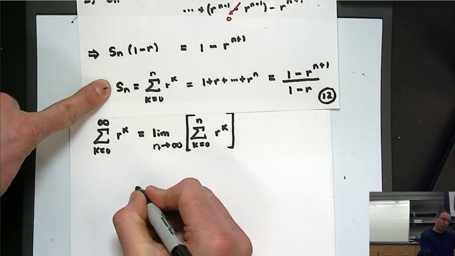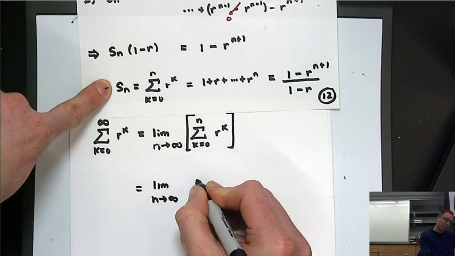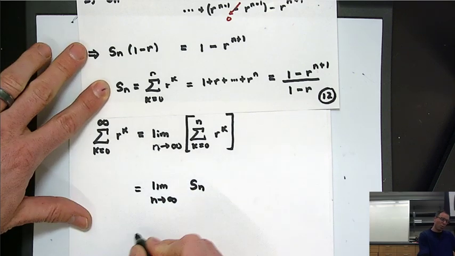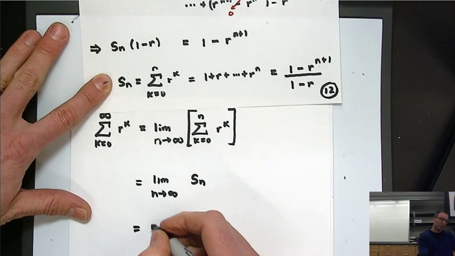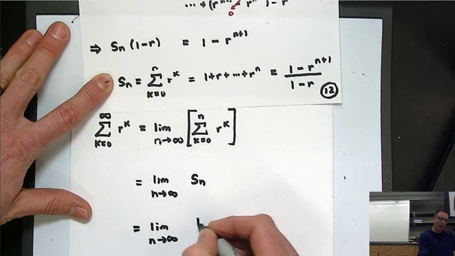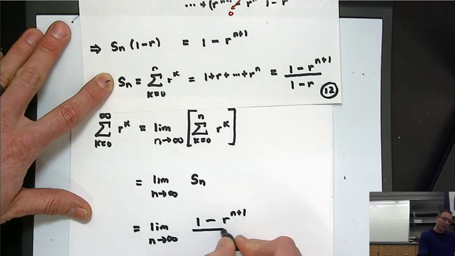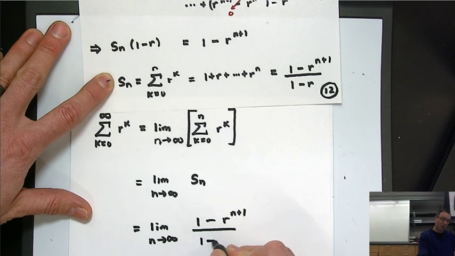Partial sum, right? That's what we call that in Math 1C. What did we know about S sub n? What was S sub n equal to? 1 minus r to the n plus 1 divided by 1 minus r.